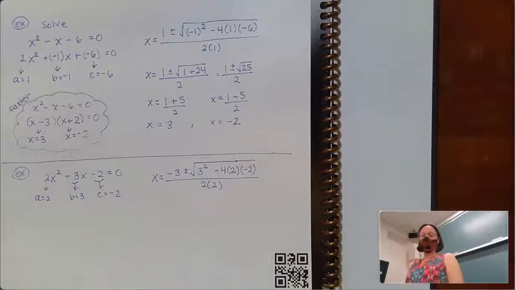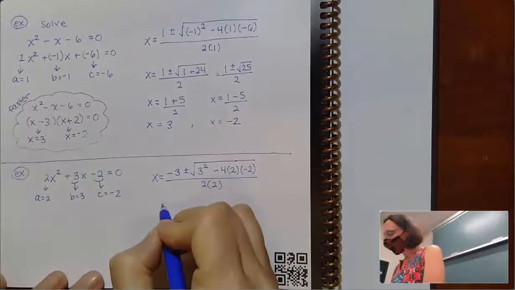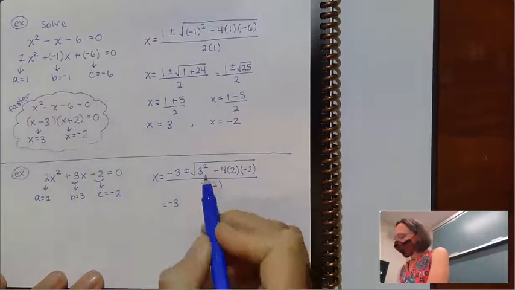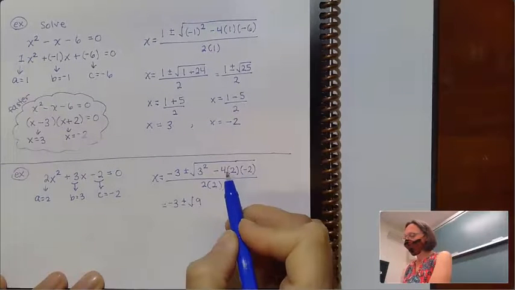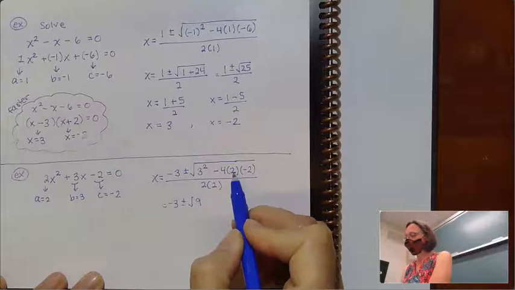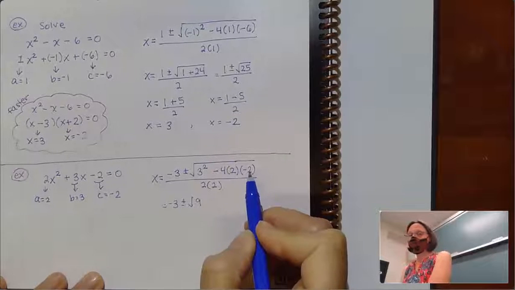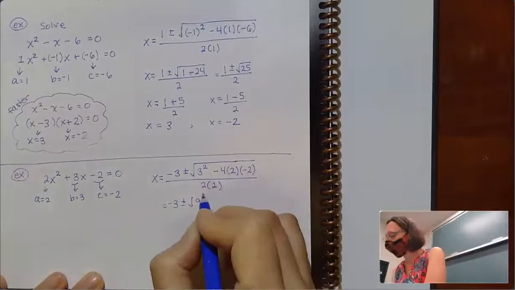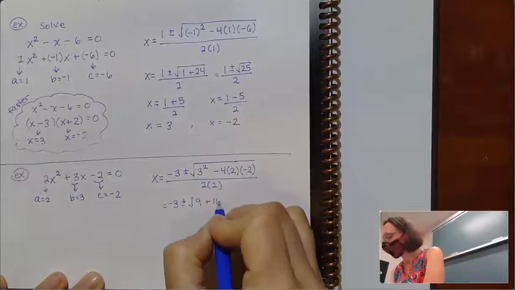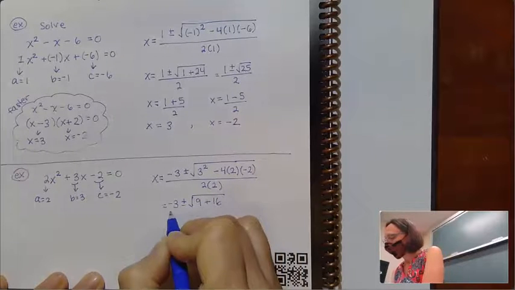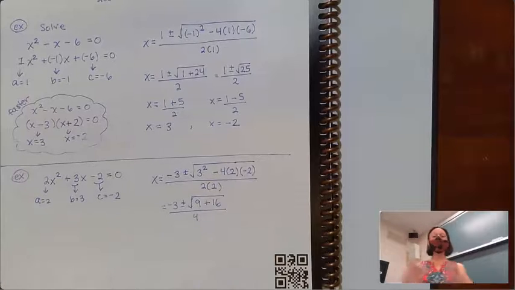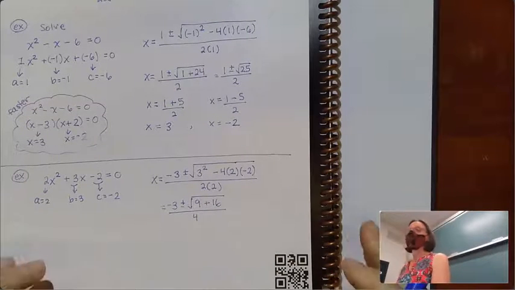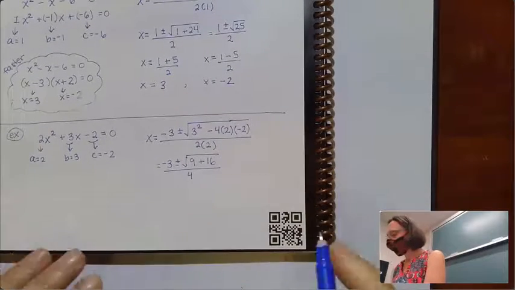So if I go to clean up those numbers inside of my square root, that's going to be 9. 4 times 2 is 8 times another 2 is 16. But the minus and minus will make that a plus 16. And then down here, 2 times 2 is 4. So inside the square root, it looks like it should work out to be 25. Again, sorry, I picked nice things on accident.